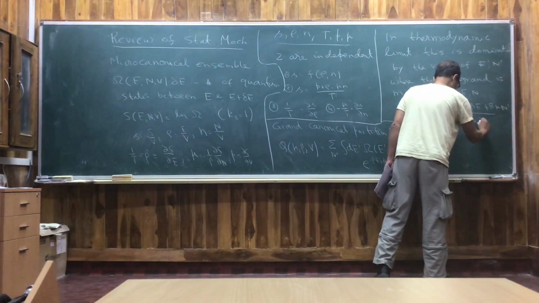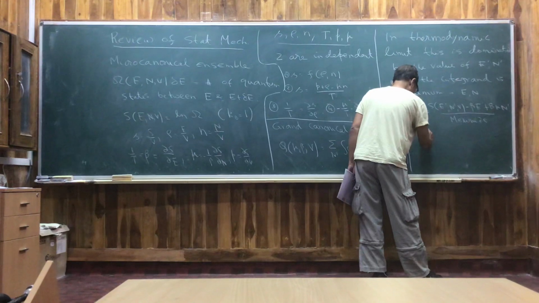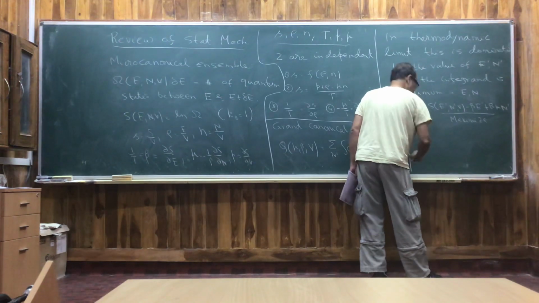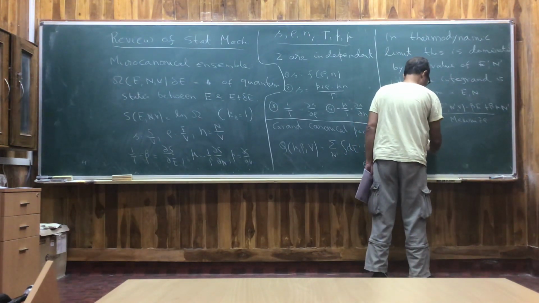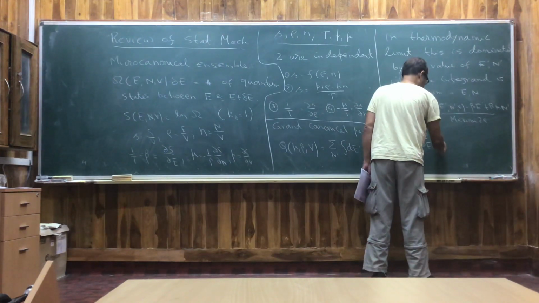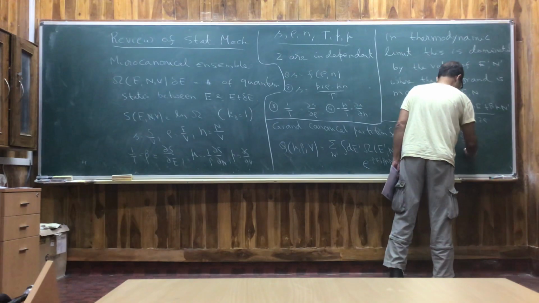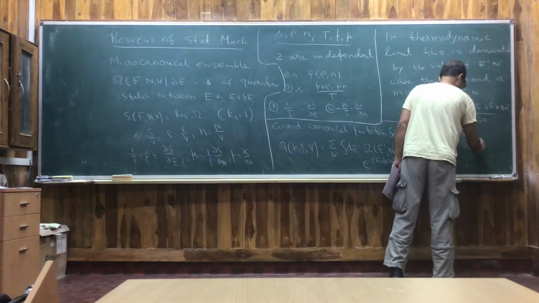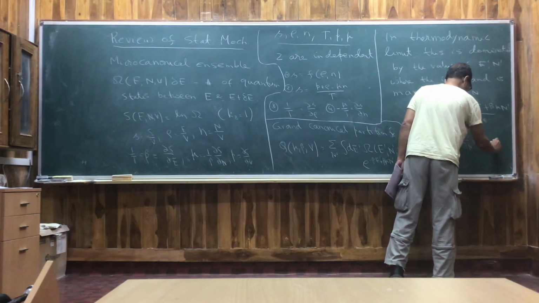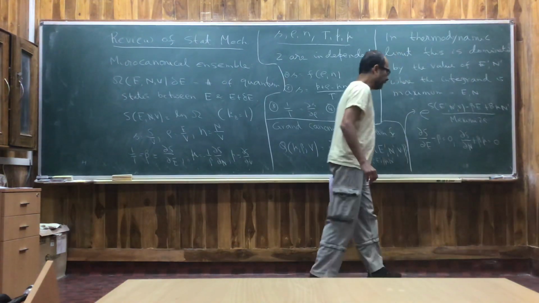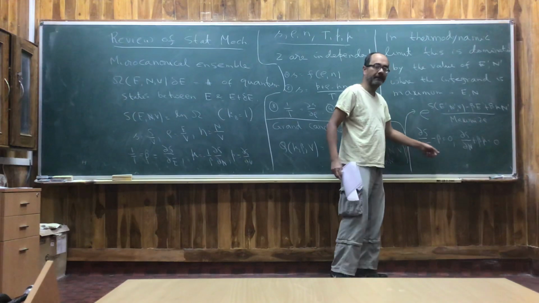And that gives del S del E minus beta equal to 0, and del S del N plus beta mu equal to 0. Here I have replaced E prime and N prime by E and N, because these are the equations for the maximum.